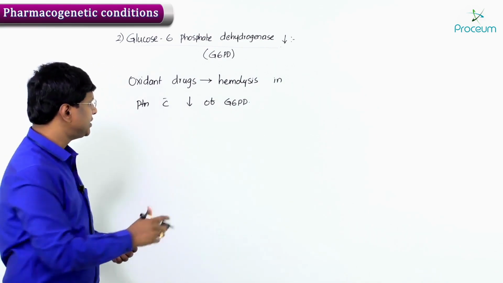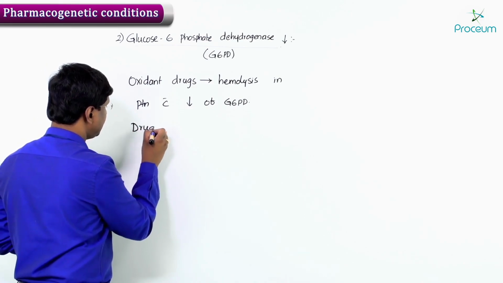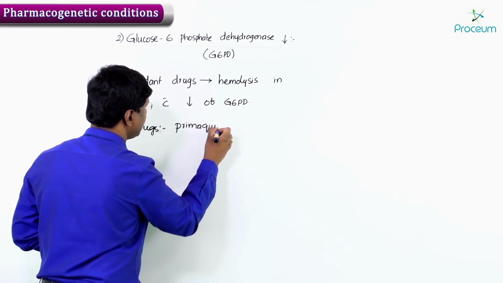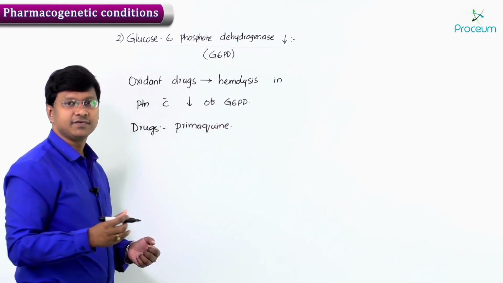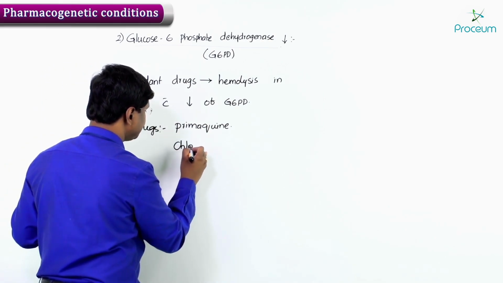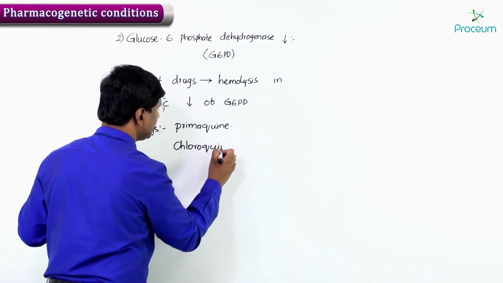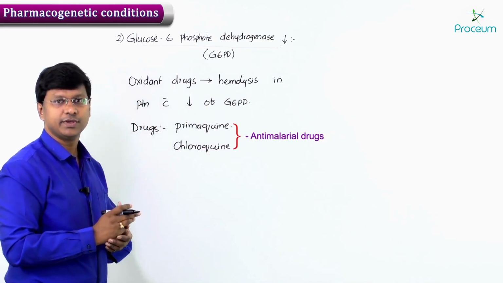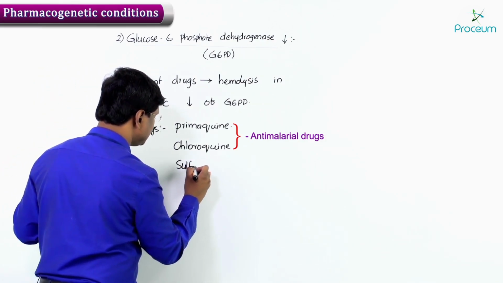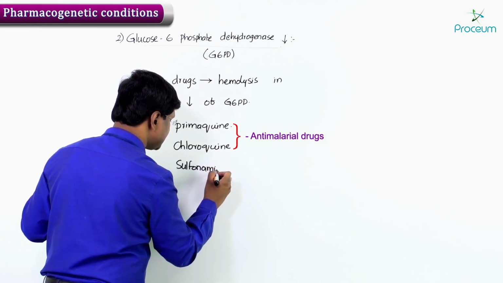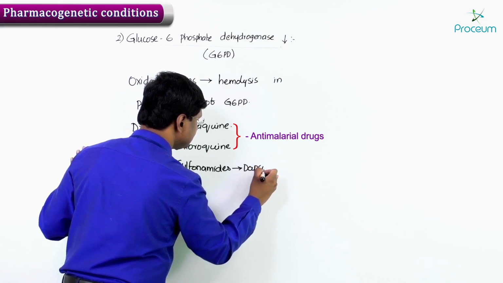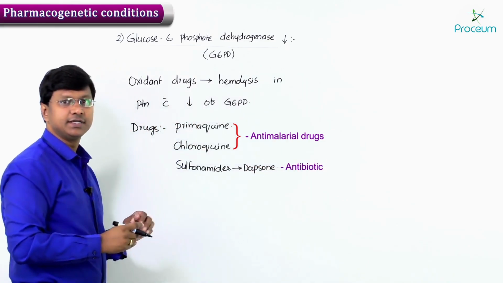The important drugs include primaquine, which is an anti-malarial drug. And apart from this, we have another important anti-malarial drug, chloroquine. And the other antibiotics like sulfonamides, including dapsone.